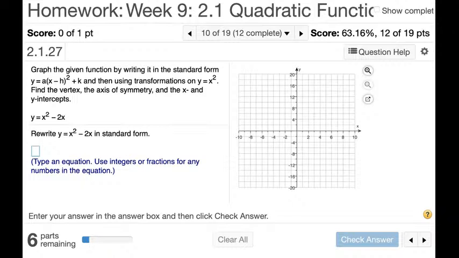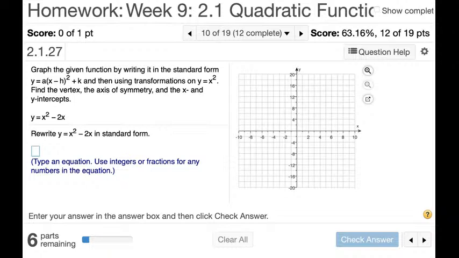This comes from section 2.1. We're taking some notes. Graph the given function, write it in standard form, then find the vertex. So we're asked to find the vertex, axis of symmetry, x and y intercepts.